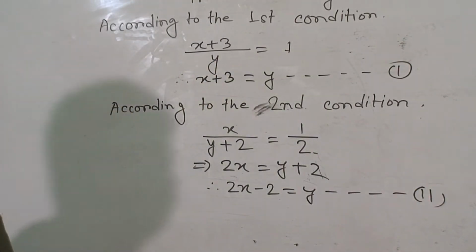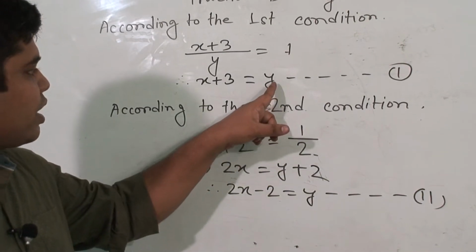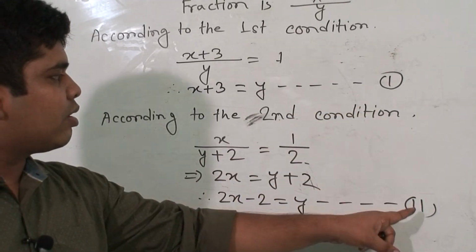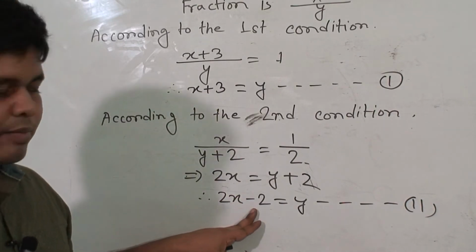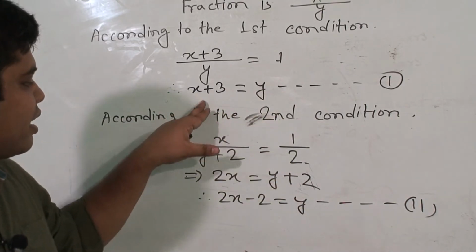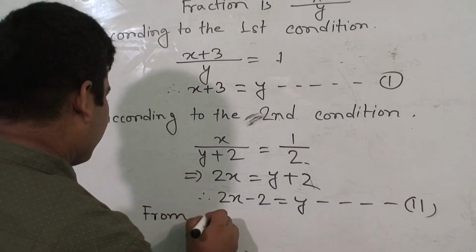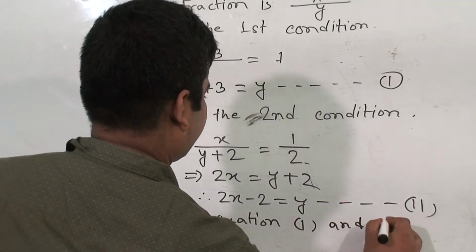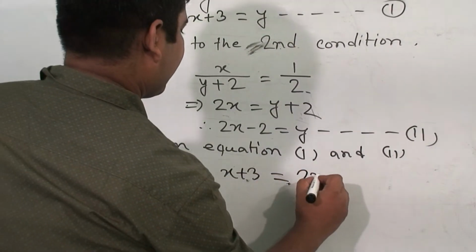Dear students, from equation number 1 and equation number 2 we notice y equals x plus 3 and also y equals twice x minus 2. So from 1 and 2 we can write that this right hand side and this right hand side are the same. Notice this left hand side is the same, which is y. Now from equation 1 and 2, x plus 3 equals twice x minus 2.